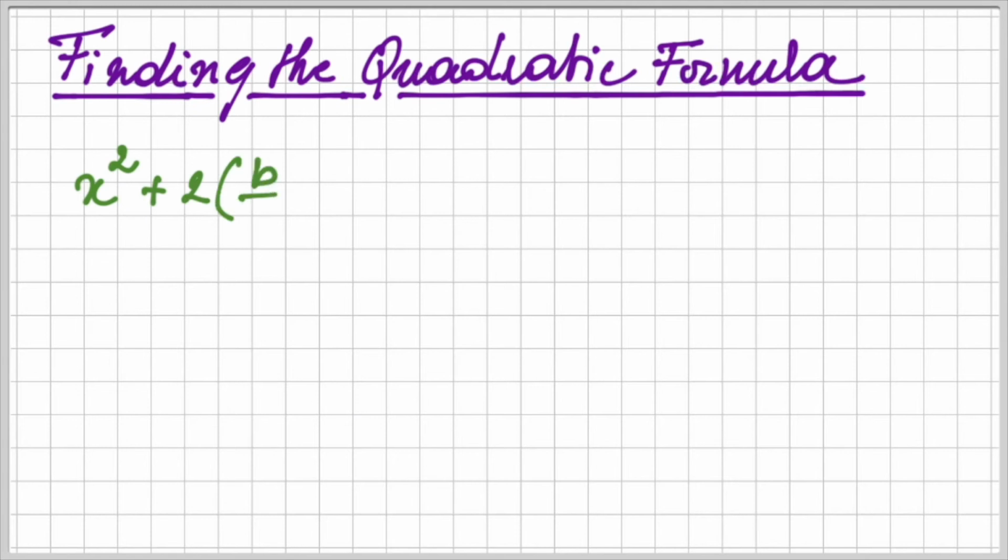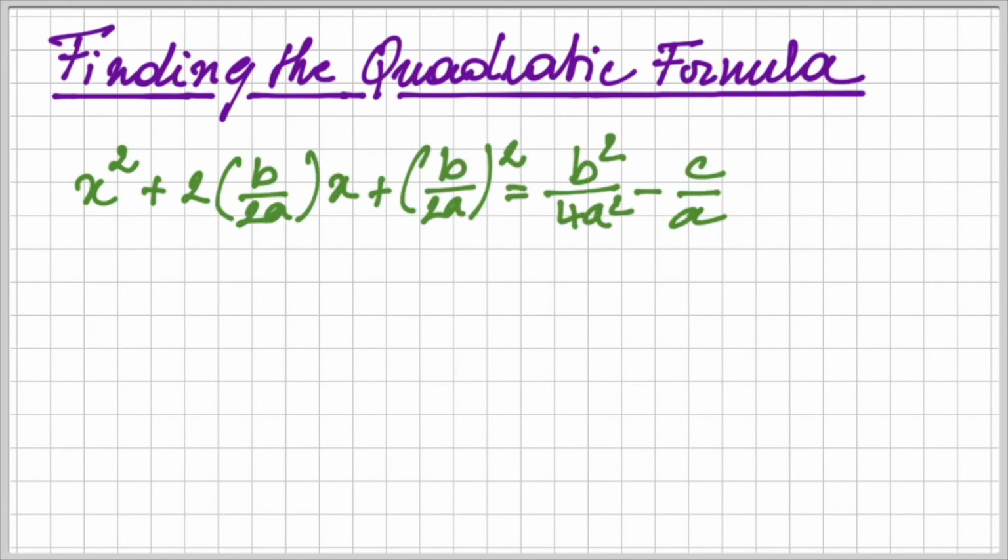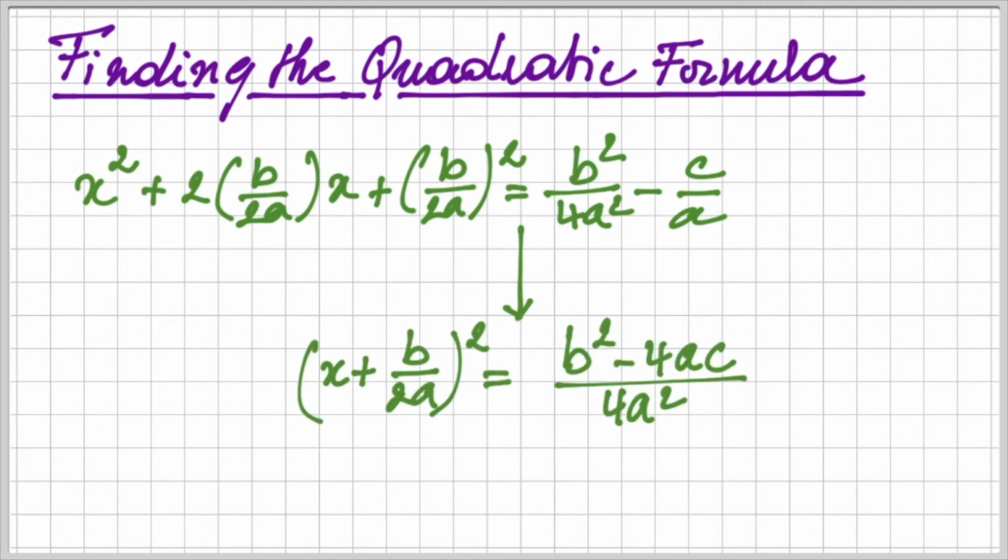So here we have the next step, the last step that we had in the previous slide. What we're going to do now, the left hand side is clearly the side where we can have the complete square, because x squared plus 2 times b divided by 2a times x plus b divided by 2a to the square is equal to x plus b divided by 2a to the square.